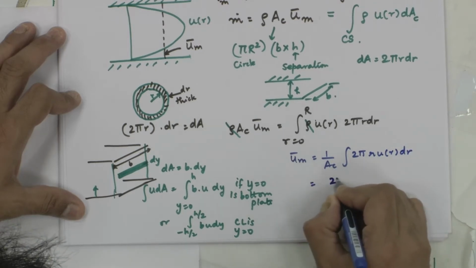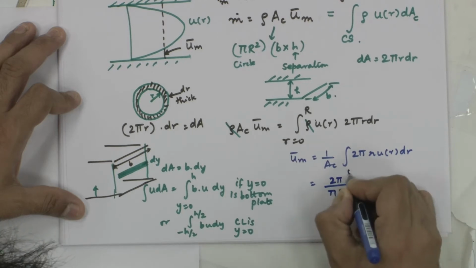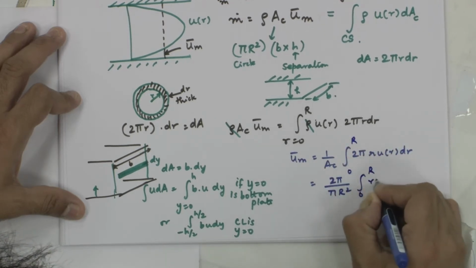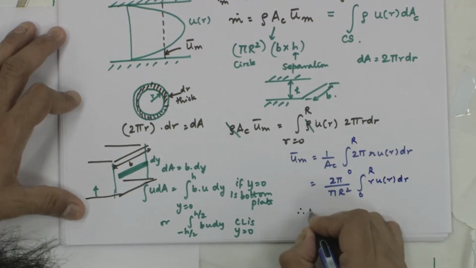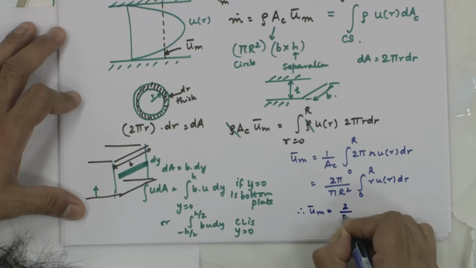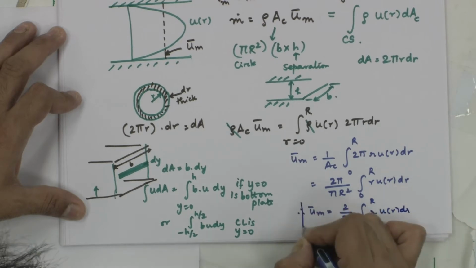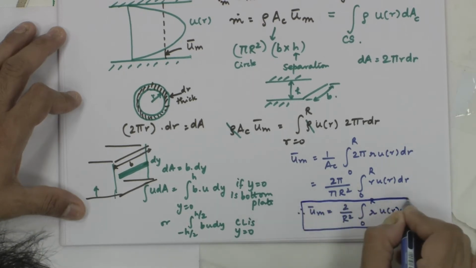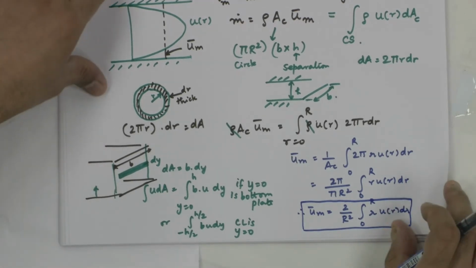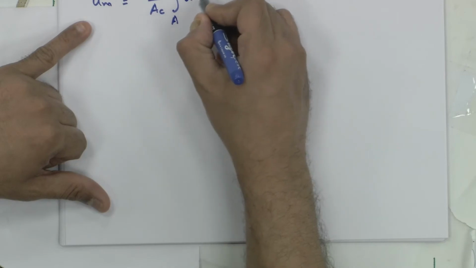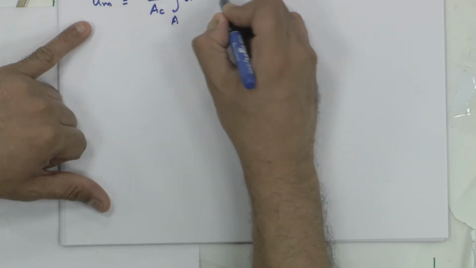So, this is nothing but 2 pi divided by pi r squared, integral 0 to capital R, r u of r dr. Therefore, the bulk mean velocity for flow through a circular pipe is 2 over R squared integral of r into u of r dr. So, this is your expression, and for non-circular geometry, u bulk mean is equal to, in general, 1 over cross sectional area integral over the area of u variable into dA.